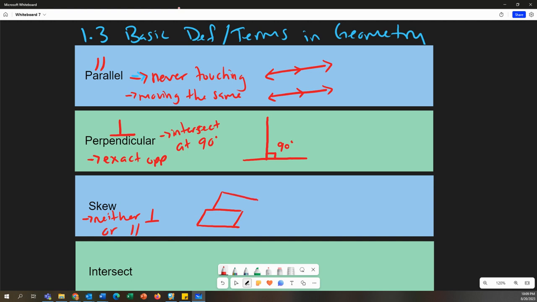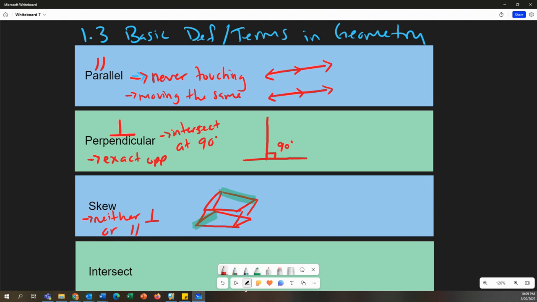We're going to doodle one of those now. So here's my really awesome box. Do you see how, let's say this line right here, it's never going to intersect with this line right here. Why?